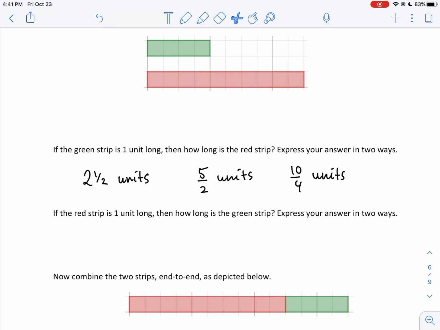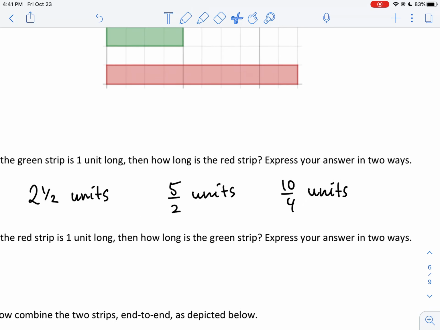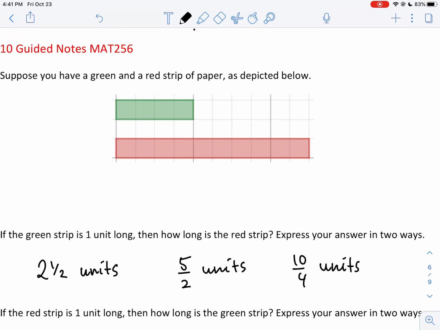Okay, now we're going to switch our assumption. If the red strip is 1 unit long, then how long is the green strip? Okay, so now we have to say that the red strip is the 1 unit. So we've just re-unitized. By identifying what a unit is, that's called unitizing, and now we just re-unitize because we just did it a second time. And if the red strip is 1 unit long, then how much of the red is one of these little boxes?